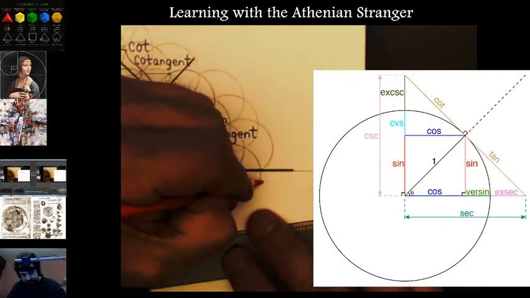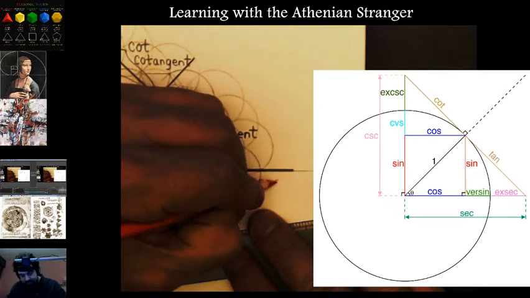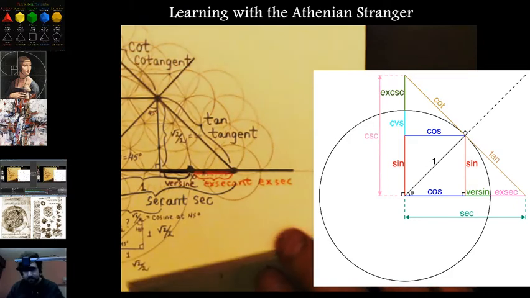X secant, and that's EX SEC. Right there.